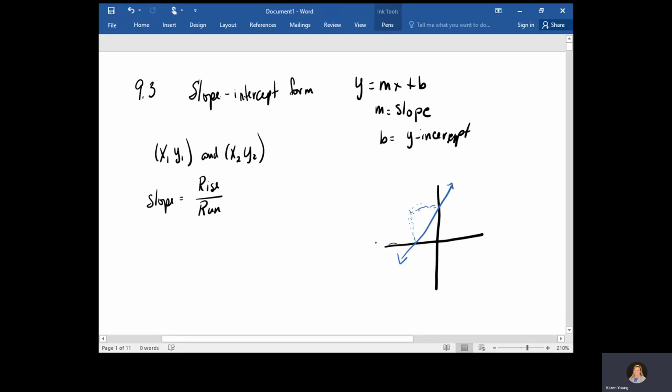This point here would be my x1, y1, and this point over here is my x2, y2. This would be my rise, and this would be my run. The rise is associated with the y, and the run is associated with the x. So my rise would be the difference in my y's over my run, which is the difference in my x's. That's the slope formula.